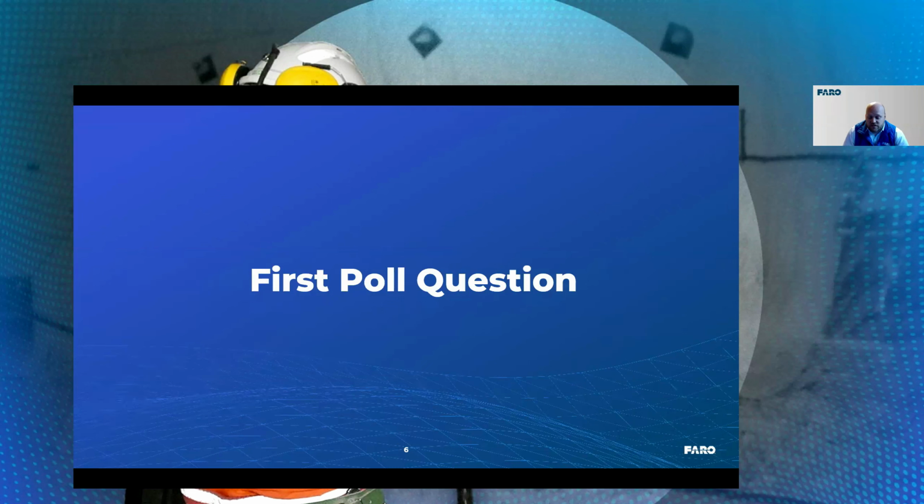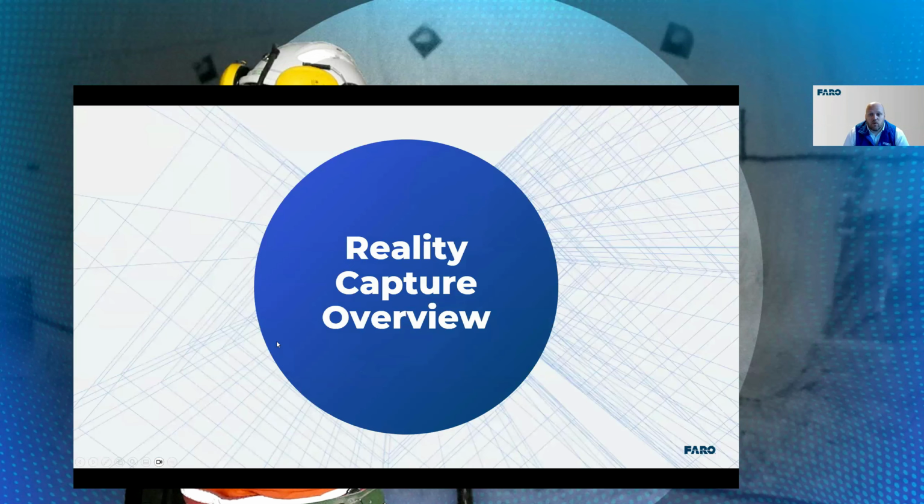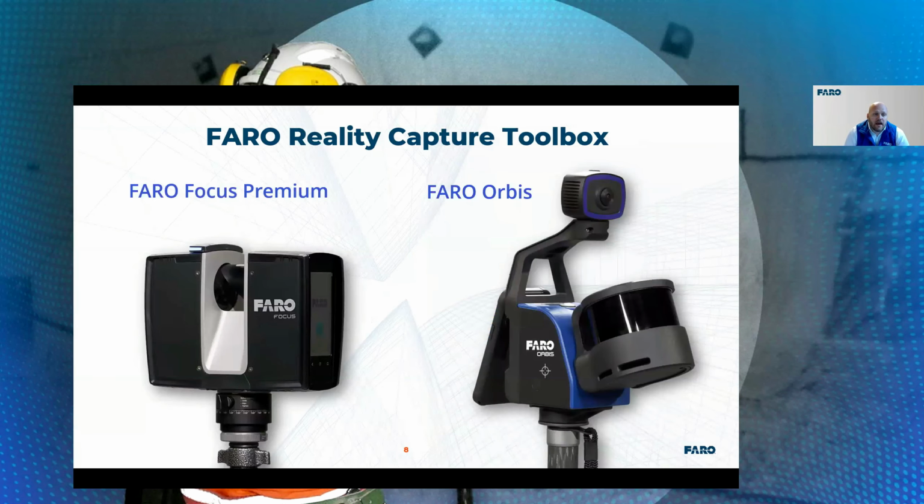While you're answering that, I'm going to keep going through some of the solutions FARO has. Let's talk about our capture overview and what we have in our toolbox, so to speak. In the AECO market we have predominantly 2 different scanners. One is the Focus Premium, which is our flagship terrestrial product.